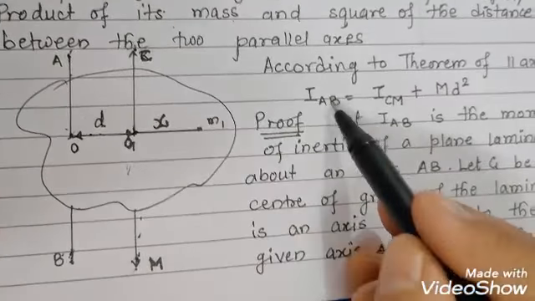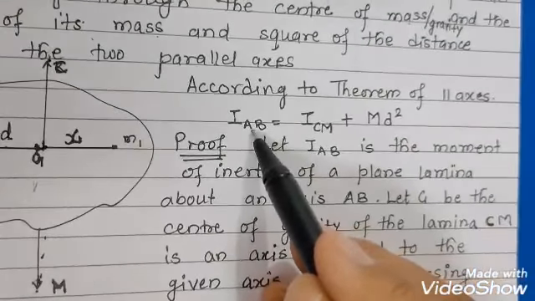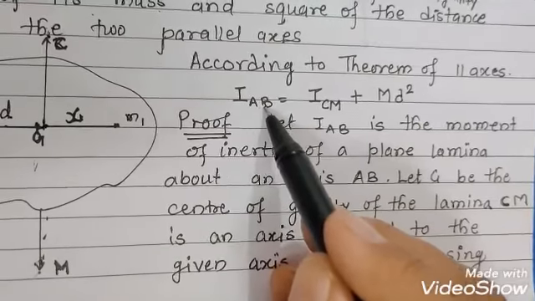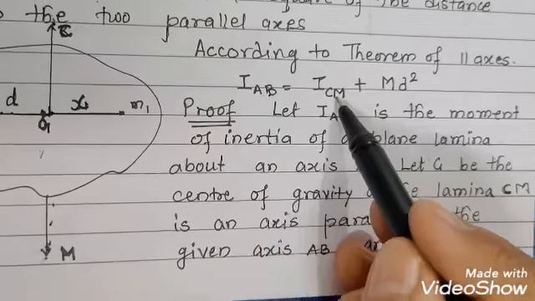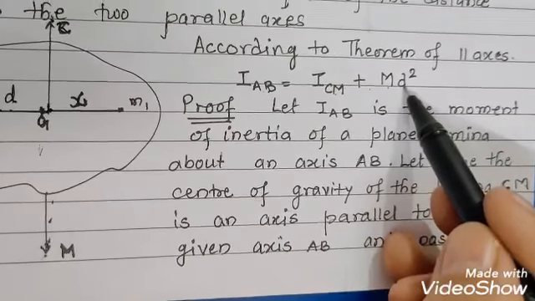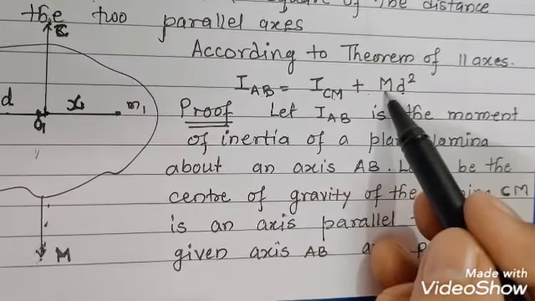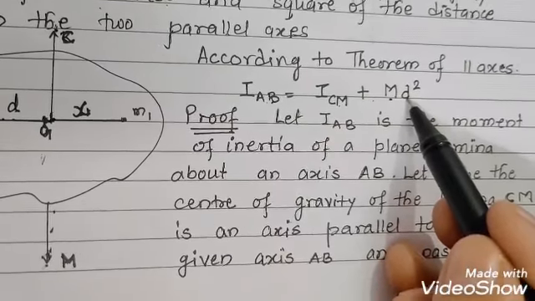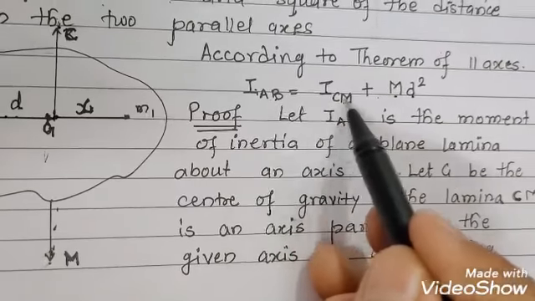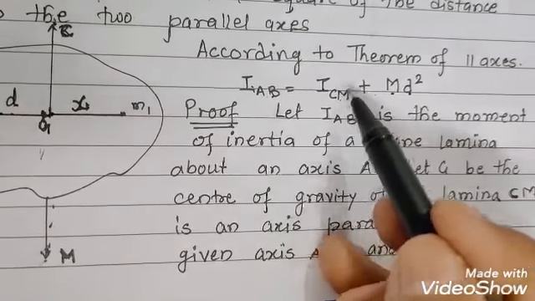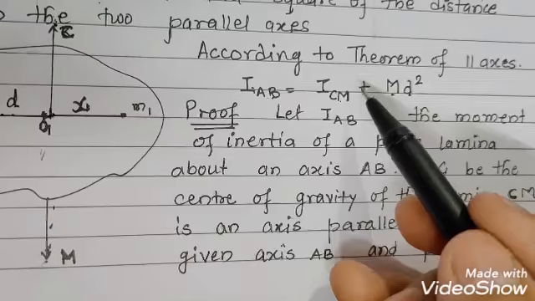So I_AB, that is the moment of inertia about AB, will be equal to the moment of inertia about CM plus MD square, where m is the total mass of the body and d is the perpendicular distance between these two axes AB and CM. So you might have understood it.